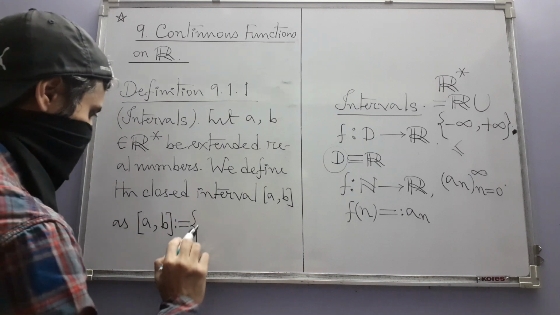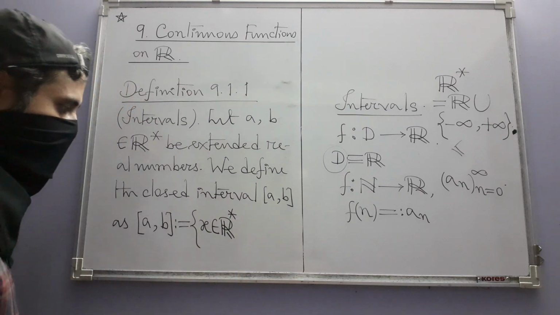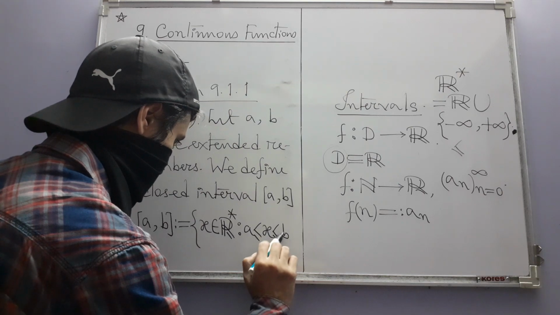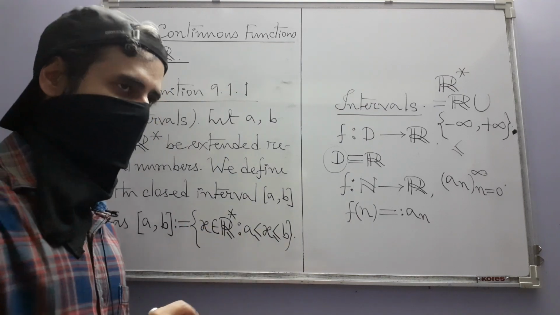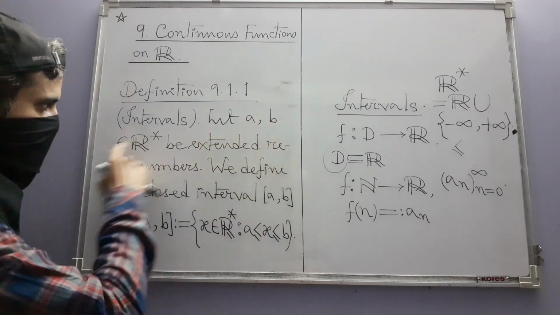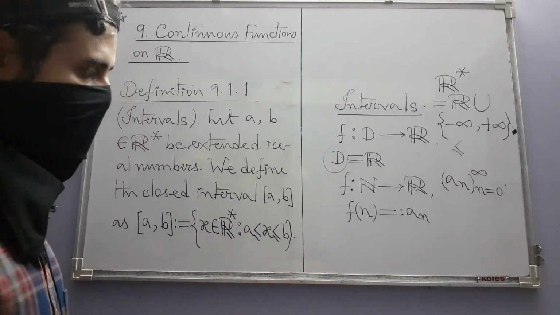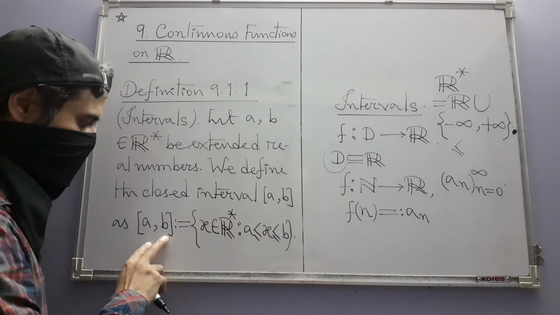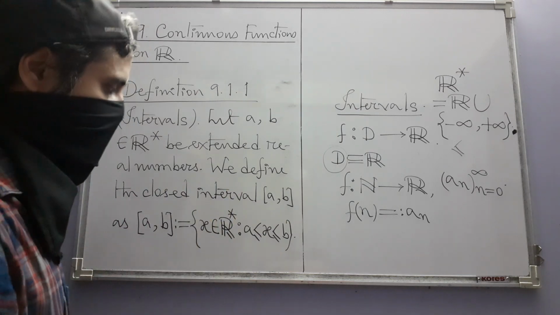It is defined to be the set of all extended real numbers x such that a is less than or equal to x and x is less than or equal to b. See the inequalities here. In both the inequalities we have the option of equality. Okay, and keep in mind that this a and b may be plus or minus infinity, this x also may be plus or minus infinity, right? So that's why this interval is, in general, you can see from the definition itself, a subset of R star, a subset of the extended real number system.